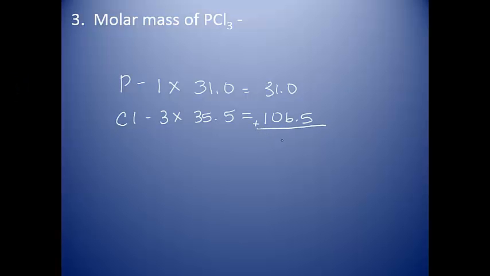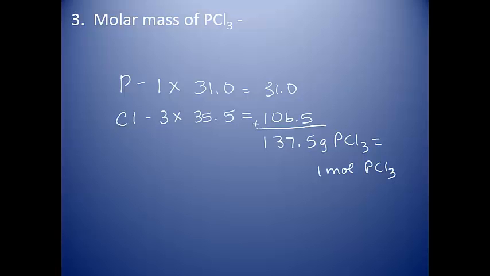We add those up, and again it goes by decimal places when you're adding, not the total number of significant digits. So we want to keep the 1 decimal place only. That's how many grams total of the phosphorus trichloride that we had, and that's equal to 1 mole of phosphorus trichloride.